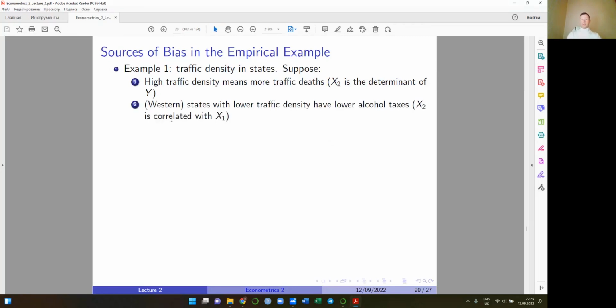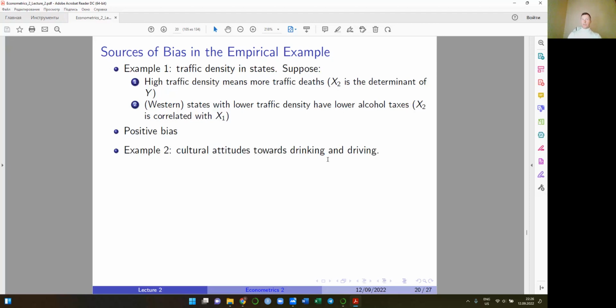Some states, like Western states with lower traffic density, have lower alcohol taxes. So this omitted factor is correlated with the included factor. So in this case, we may expect positive bias. Exactly what we have, right? So the positive bias shifts our estimate from the negative to the positive number.